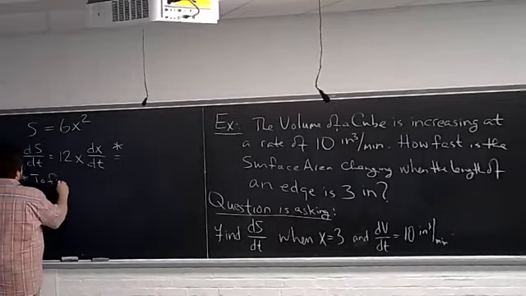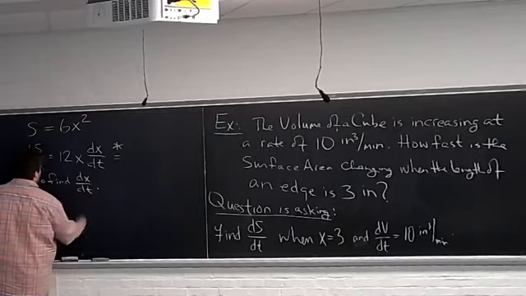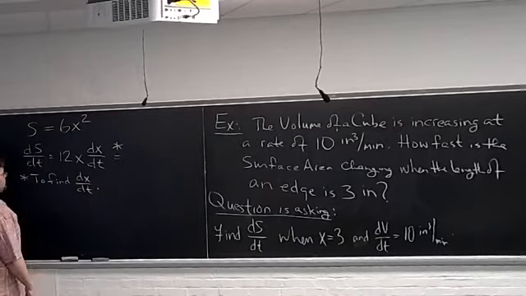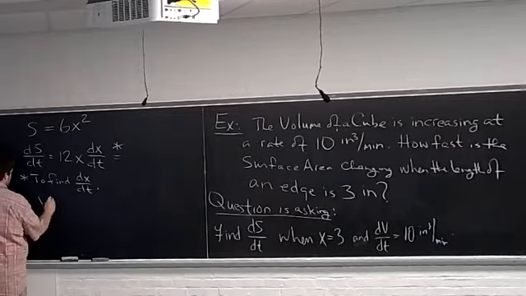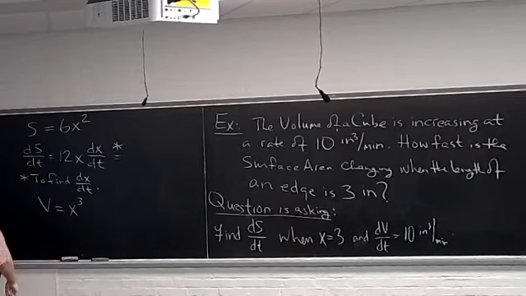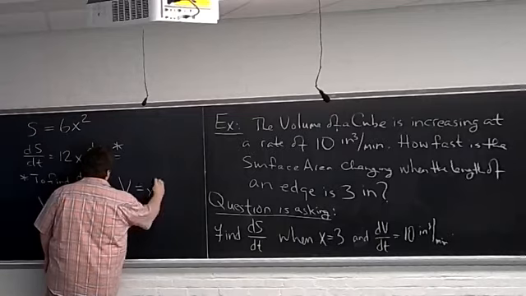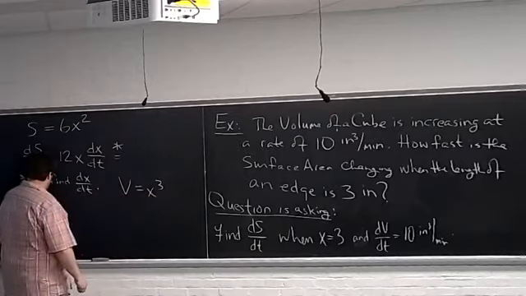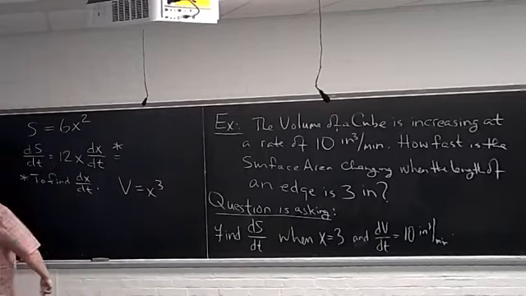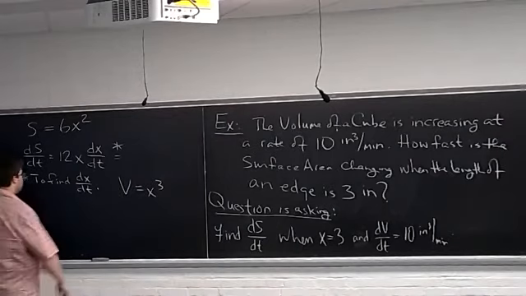To find dx/dt, what will we do? Well, the only other thing we have is volume. So let's consider volume. The volume of a cube with edge length x is x cubed. Maybe I'll write it over here. Volume of a cube is x cubed. Well, they're both functions of time. Differentiate with respect to time.